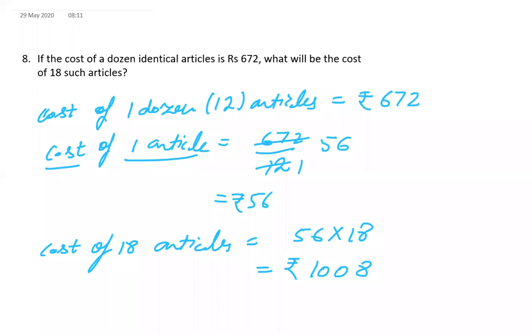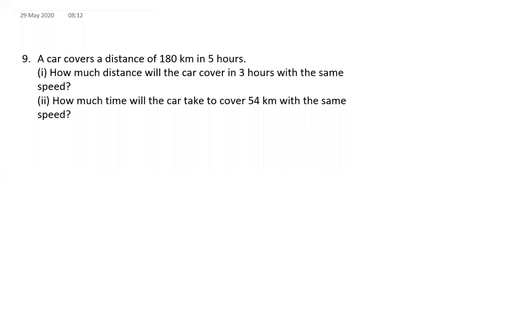Next question says, a car covers a distance 180 kilometers in 5 hours. How much distance will the car cover in 3 hours with the same speed? So distance in 5 hours is equal to 180 kilometers.